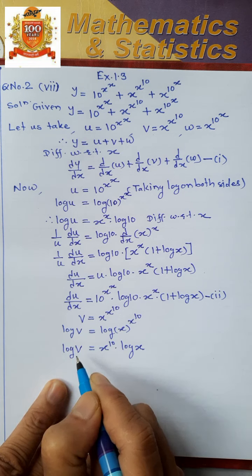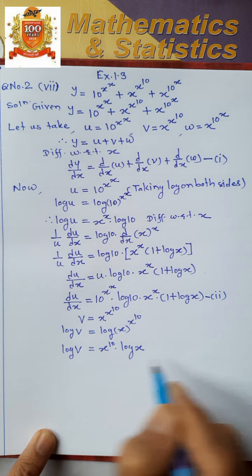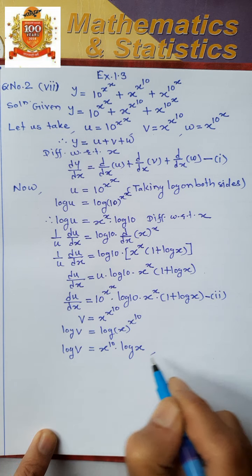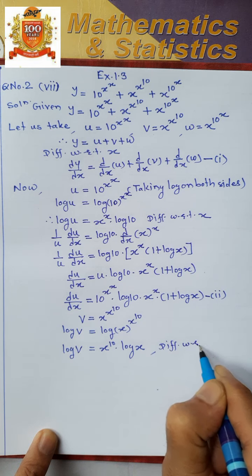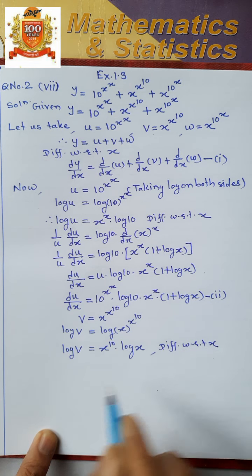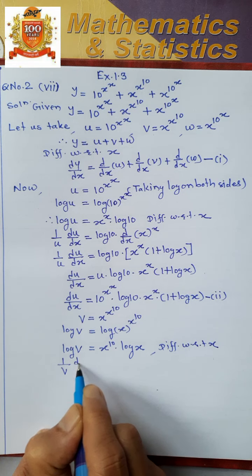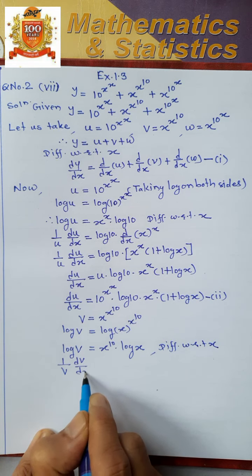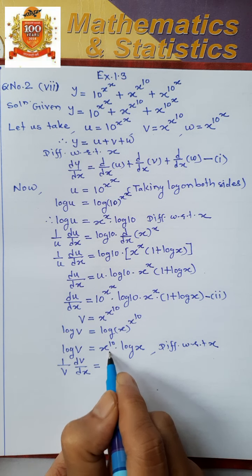Now differentiating with respect to x, we get 1 upon v dv by dx is equal to, now here two functions are there.